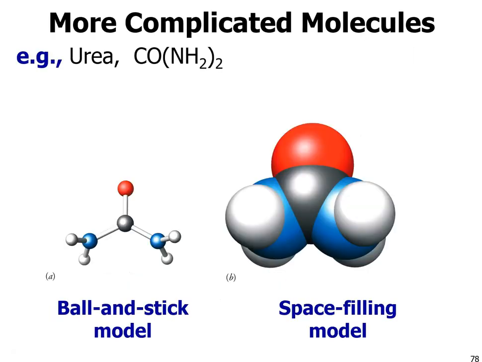Here are some examples of more complicated molecules: urea, CO(NH2)2. So we can also draw this out or write this out. If I wanted to create this molecule, I have the carbon in the middle, an oxygen up here, and then I have NH2 groups.